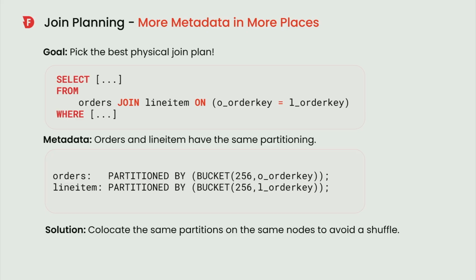Let's say we have 64 nodes in our cluster in this case, so 4 nodes for each bucket. What will happen is that the first node is responsible for buckets 0, 1, 2, 3. The second node is responsible for buckets 4, 5, 6, 7, and so on. And it loads those buckets of orders and line items respectively and does a fully local join. At this point, you don't have any shuffle in your query plan to actually compute the scale-out join.